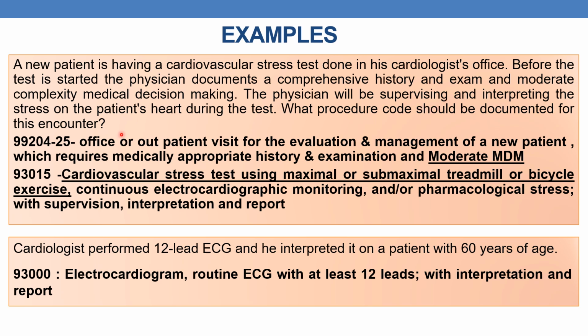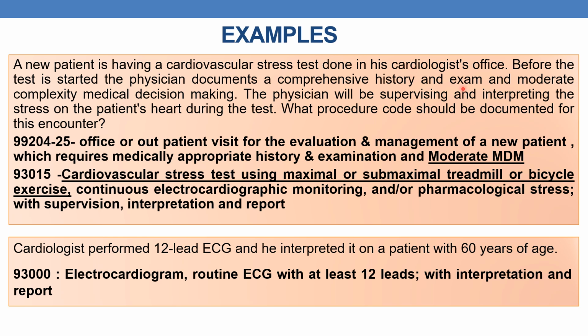First, the patient is coming for an outpatient E&M service, and he is a new patient. So first 99204, that is, office or outpatient visit for evaluation and management of a new patient. Here the MDM level is moderate complexity medical decision making, which requires a medically appropriate history and examination and moderate MDM.